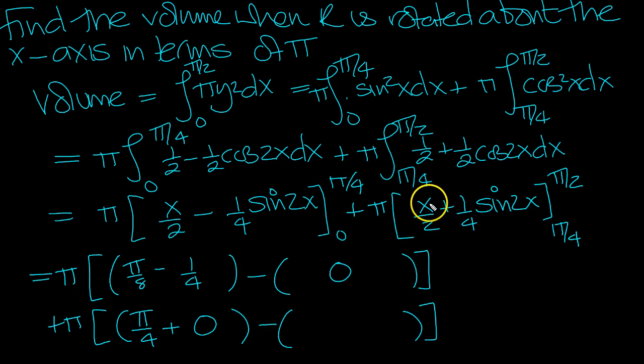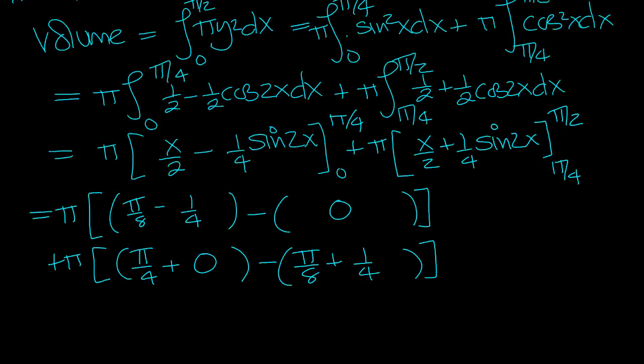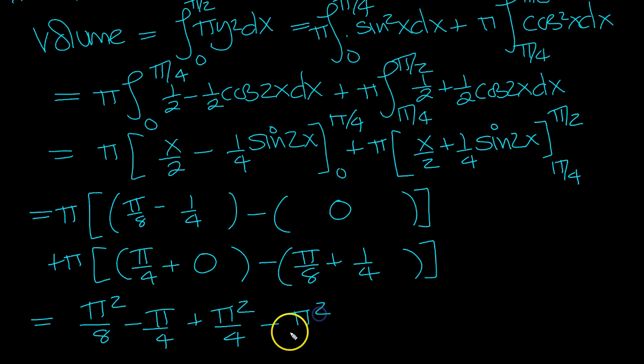Take away the bottom value, put pi over 4 in. Pi over 8 then, plus, and then sine of 2 pi over 4 is the same as pi over 2. That's 1, so it's plus 1/4. So that's what we've got. So what have we got all together then? Let's just try and write it out. We've got pi squared over 8 minus pi over 4 here and here, plus pi squared over 4 minus pi squared over 8 and then plus pi over 4.